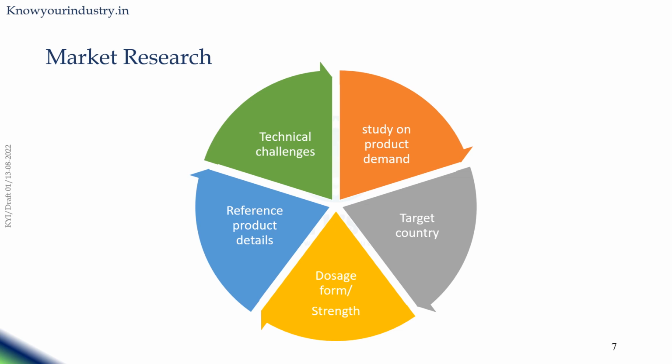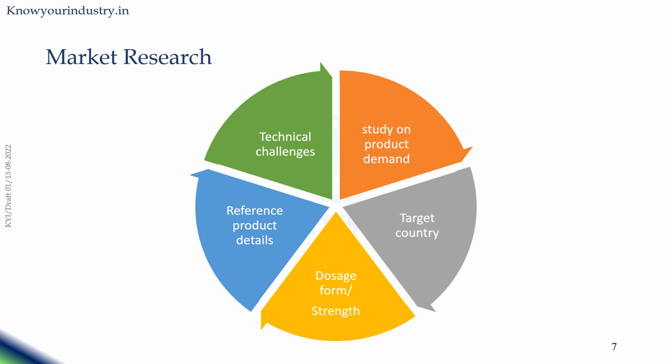Then you have to select a reference product. Which product are you targeting? What's your target? What kind of target product profile is to be generated from the reference product? And followed by the dosage form and strength. What the reference product says, what is the dosage form and what is the strength of that.